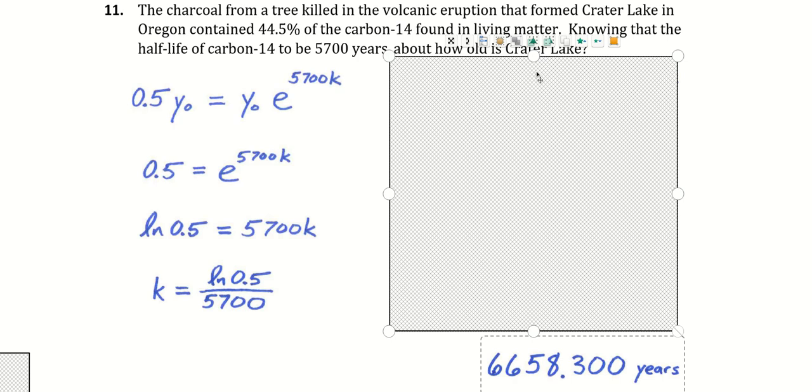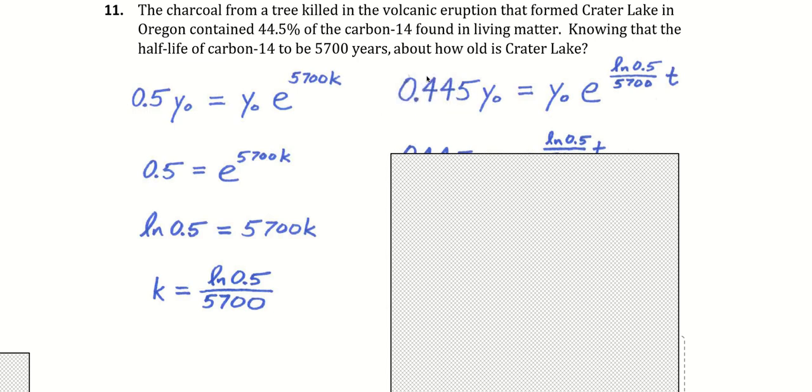And then once you know your K, now you can figure out, let's see, knowing that about how old is Crater Lake. So that would be when 44.5% is still there, okay? That's important because what you put over here for your Y value is what's still there, not what's decayed, what is still present.